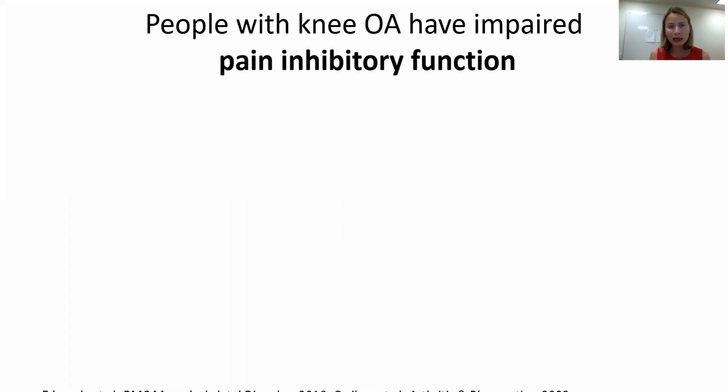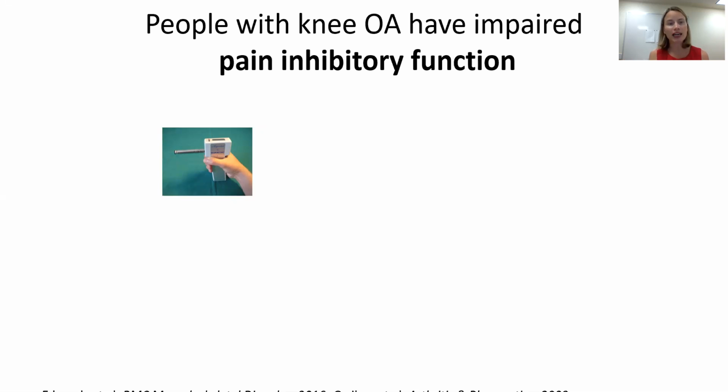So, for example, we have evidence that people with knee osteoarthritis have impaired pain inhibitory function. So the normal dynamic systems that normally calm things down and work to inhibit the system are not working as they should. We typically test this using a paradigm called conditioned pain modulation.